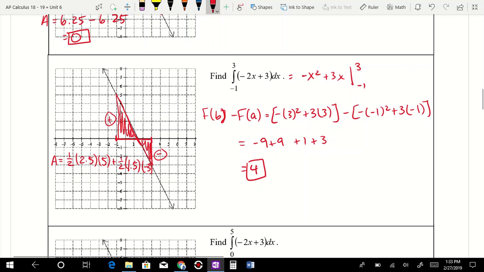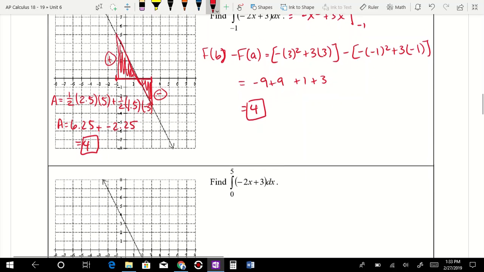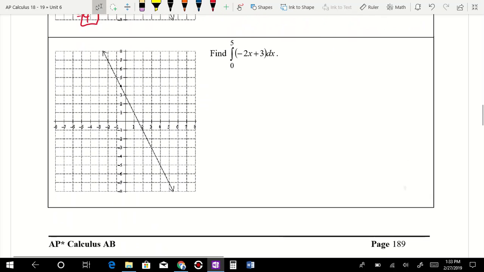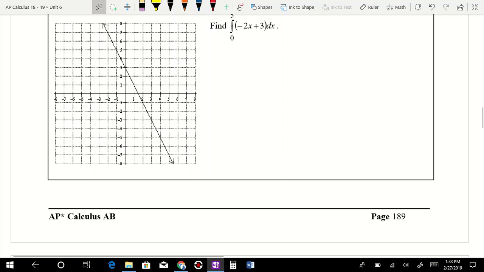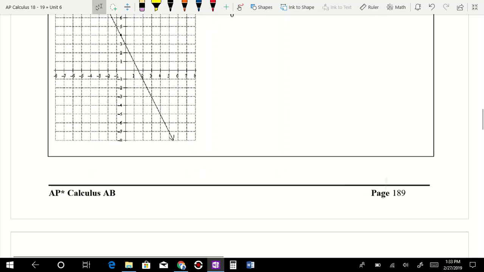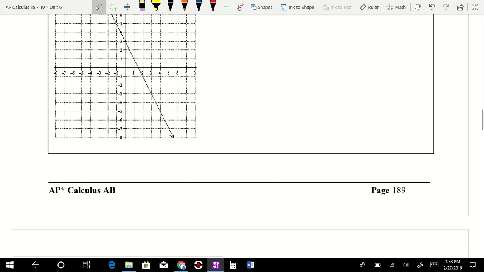So we have area equals 6.25 plus negative 2.25, which is equal to 4. Right? So try that last problem on this page on your own, remembering that if the area is below the x-axis, then we're looking at a negative value.